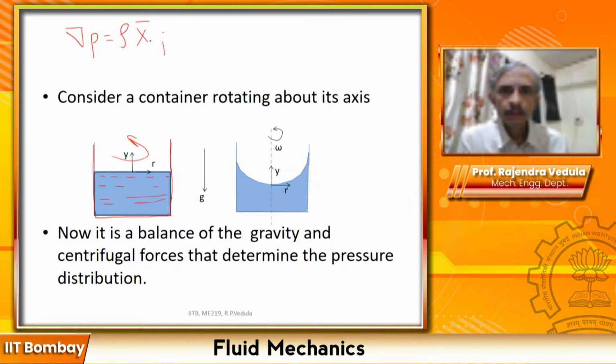Grad P is equal to rho x. What is x now? There is G here. There is going to be some I component and some J component. Let me say you have an R and a Y. R is equivalent to the I direction and J is of course equivalent to Y. Once again you will take a small element here.